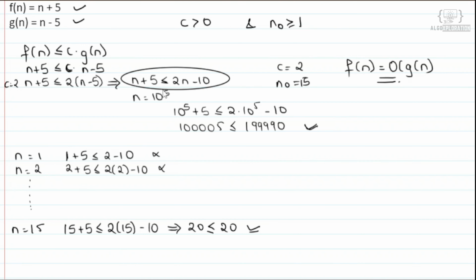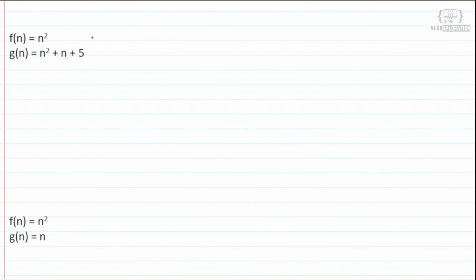Let's solve the second problem. Now here f of n is n square and g of n is n square plus n plus 5. So let's substitute in the equation. f of n is less than or equal to c into g of n. So n square is less than or equal to c into n square plus n plus 5.